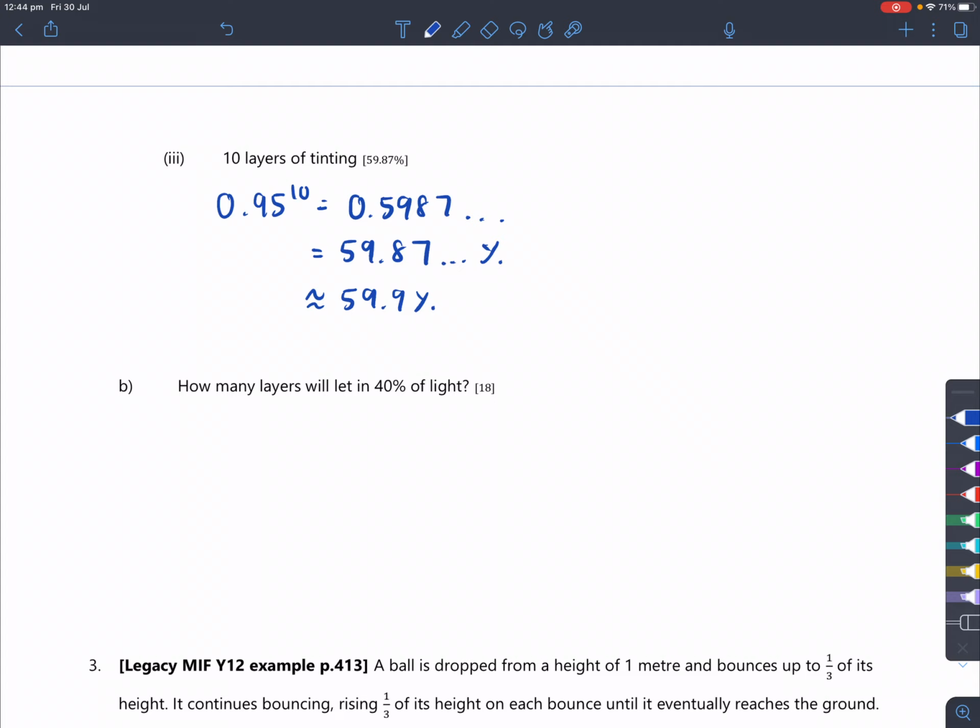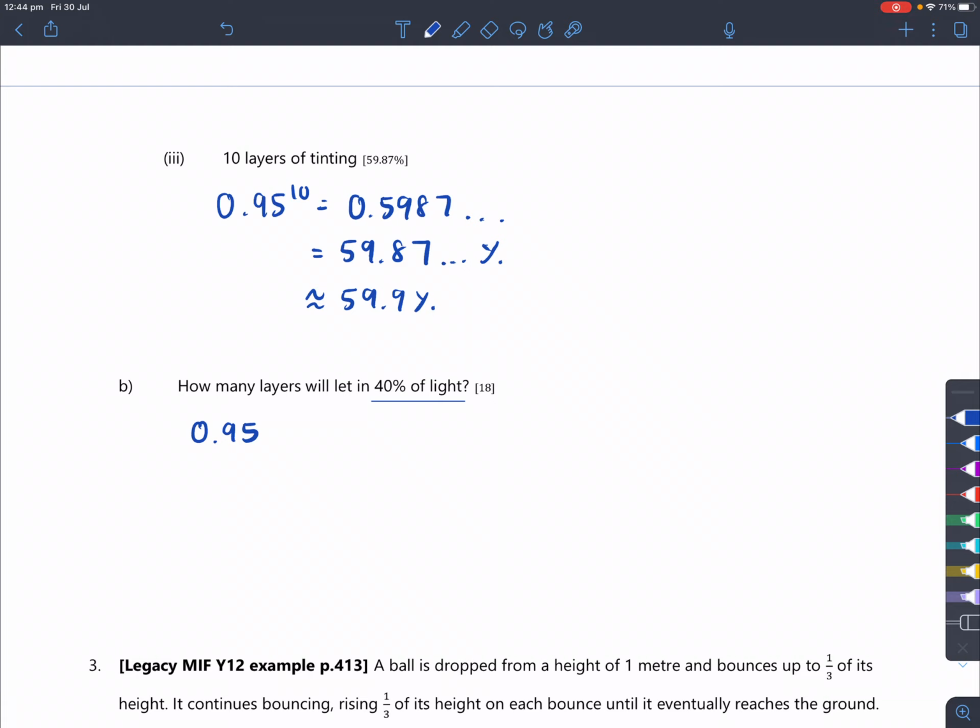Now, how many layers will let in 40% of light? Okay. So it seems like the layers is indicated by the power all the time, if you look at part 3. So if we don't know what this is, we'll just call it n. But we know that the base has to be 0.95 for 95% of light to go through every single time.